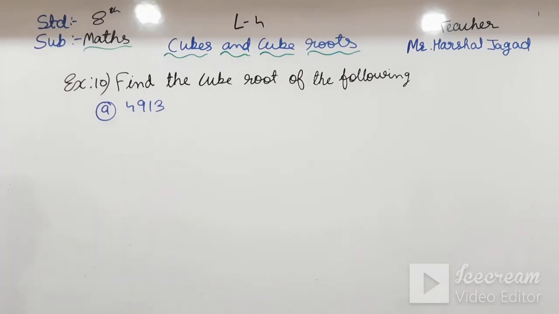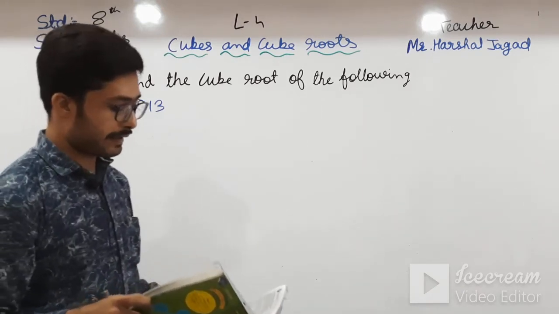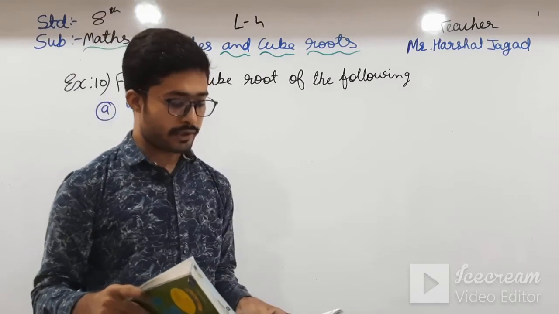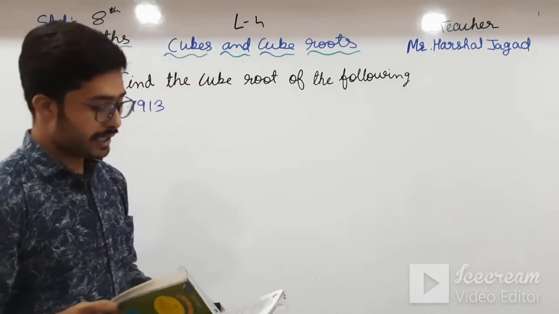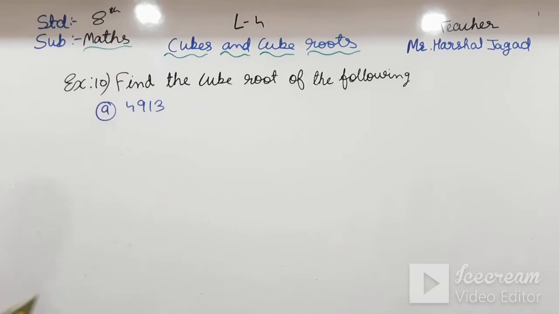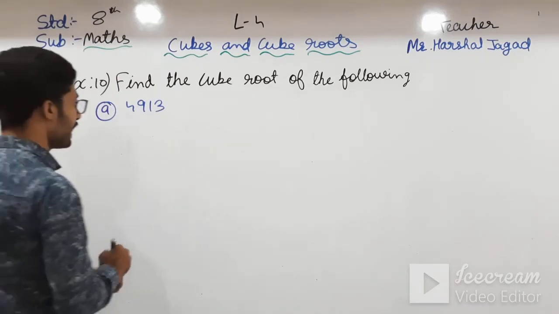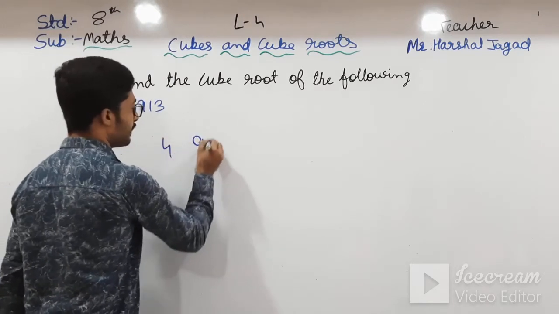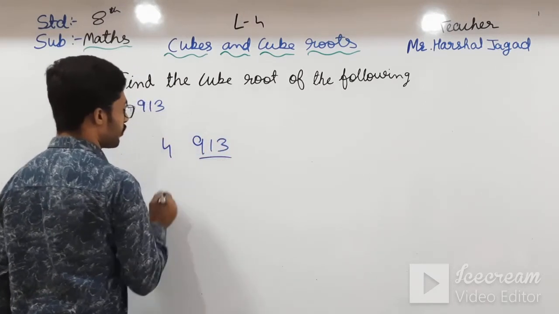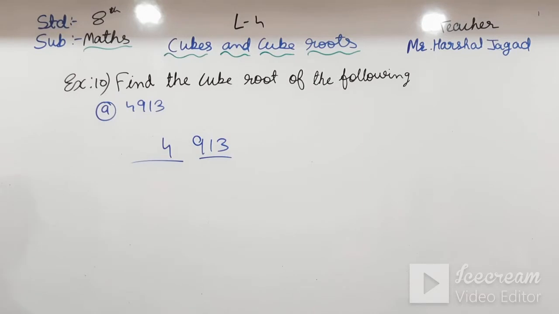Okay students, so let's read it. See here in your textbook, 4913 is an odd number, so its cube root also has to be odd. First we have to make the groups of 3. See, this is the first group, this is the second group.